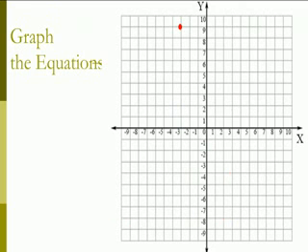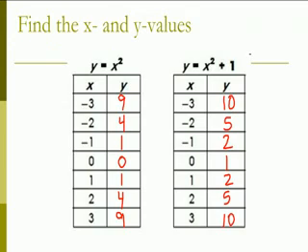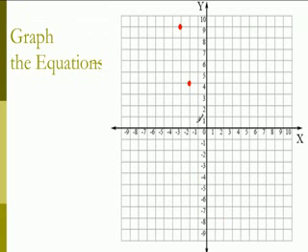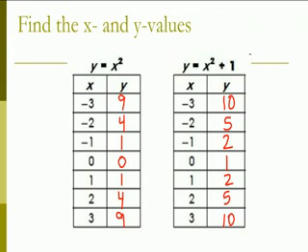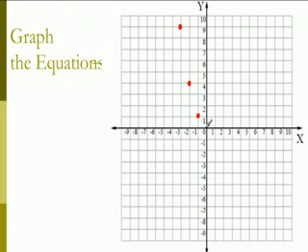Negative 3, 9, negative 2, 4, negative 1, 1, zero, 0, and these will all line up this way. Alright, so that's our first graph.